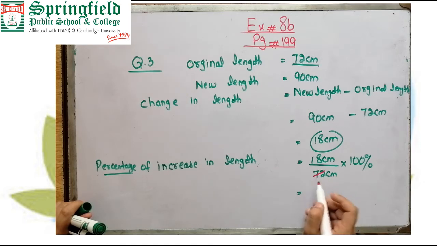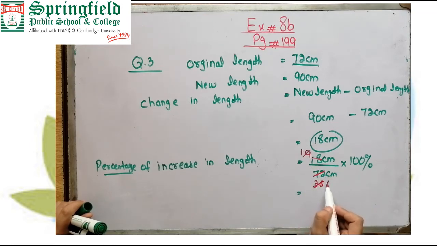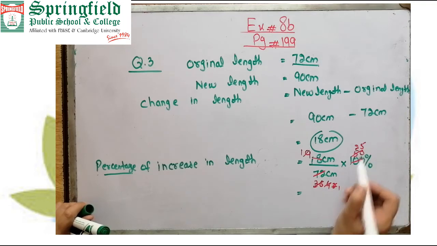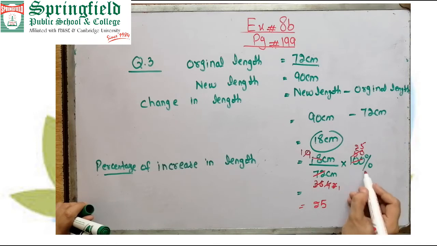So then for 72, we can use the table of 2. 2 3s are 6, 2 6s are 12, 2 9s are 18. Again 9 1s are 9, 9 4s are 36. 2 1s are 2, 2 2s are 4 and 2 5s are 10. It means 25%.